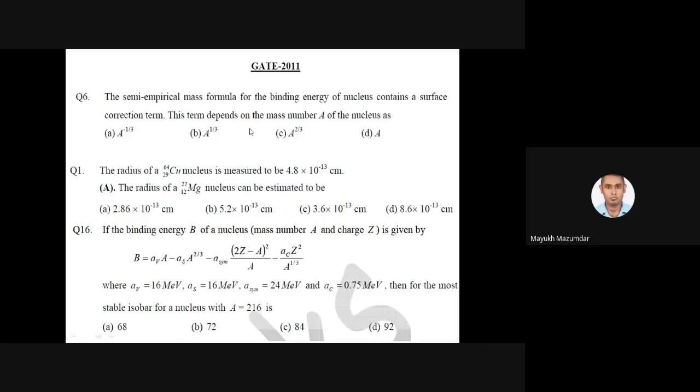Do one thing, just copy. You can copy these equations or take a screenshot. I think copying would be better. At least copy question number 6 and 1. Copy these two.